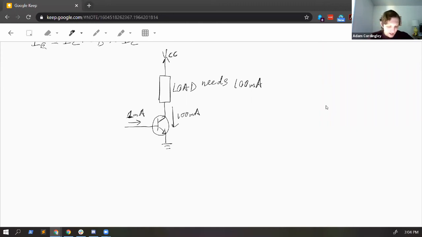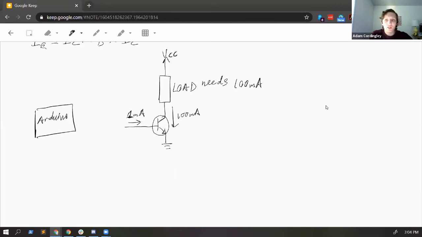So say I have an Arduino over here, and it puts out 5 volts, and I know that I need at least a milliamp going into this, because your beta might be less.